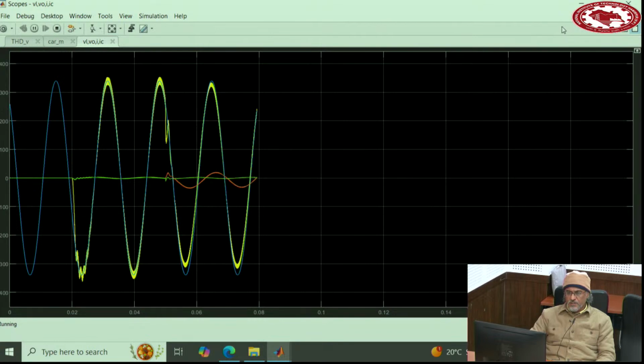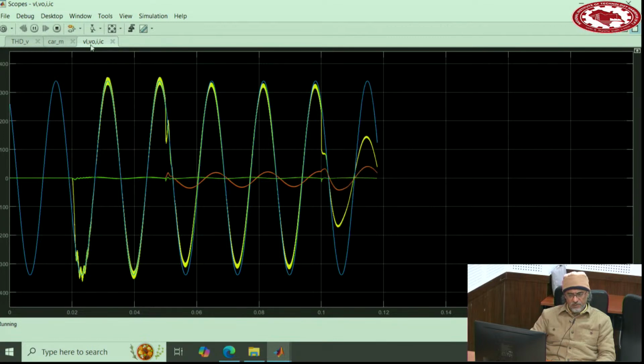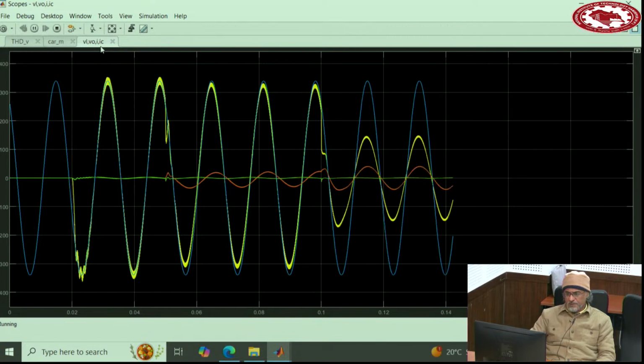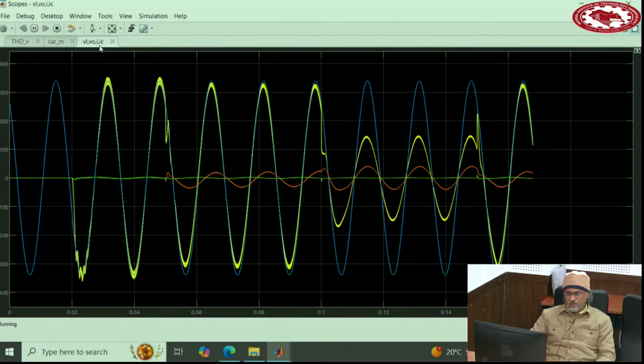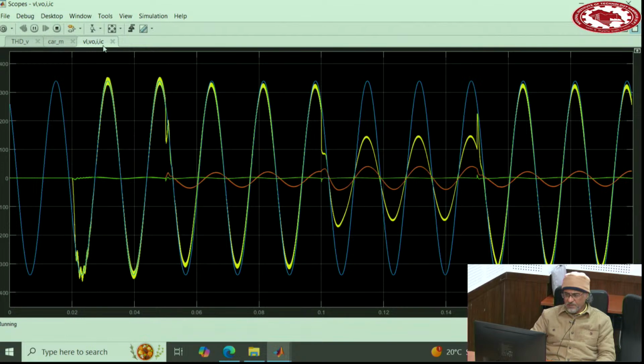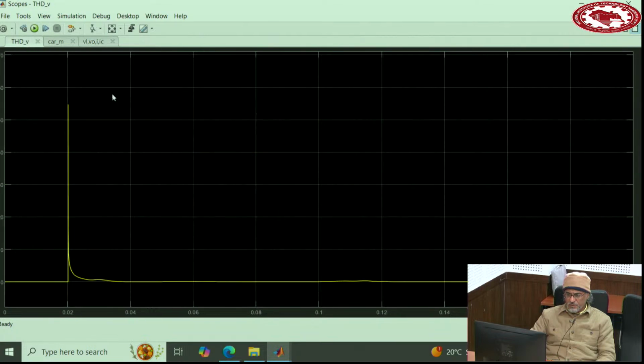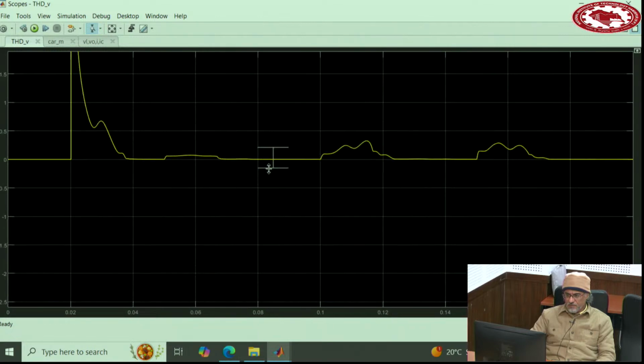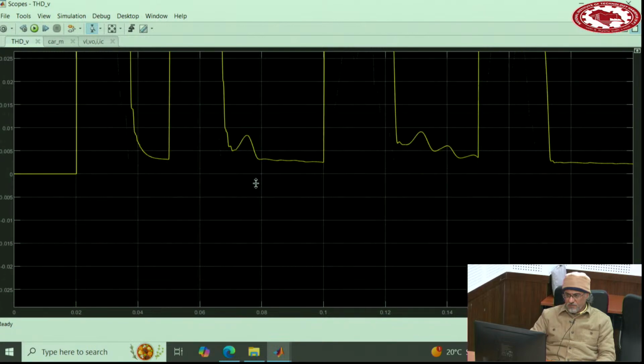This shows the load voltage and the reference voltage, the inductor current, and also the capacitor current. For some reason I showed the current of the capacitor as well. And the THD of the voltage, to show really that the voltage is in steady state.